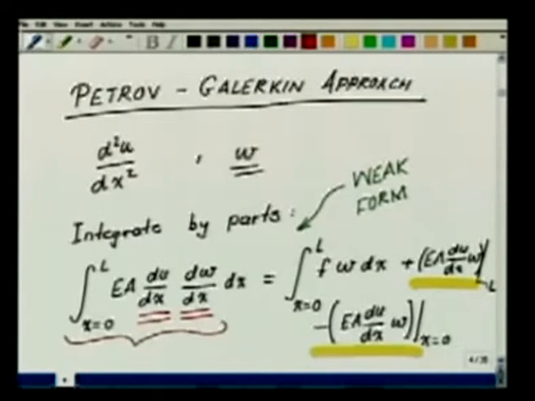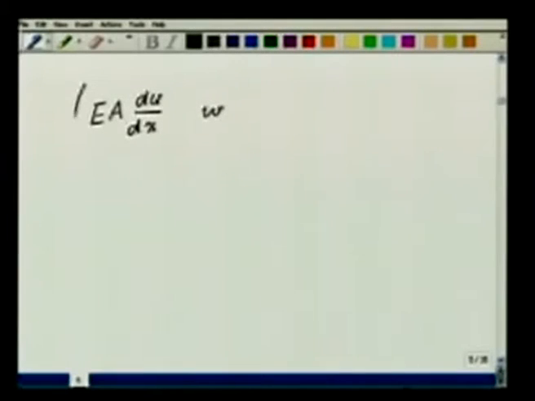Another nice thing of this formulation is that if you look at these boundary terms, what do we have from the boundary terms? If I look at this part, EA du dx, and I'll put this w a little apart, let's take the point x equal to 0 or L. Let us look at this part of the boundary term.